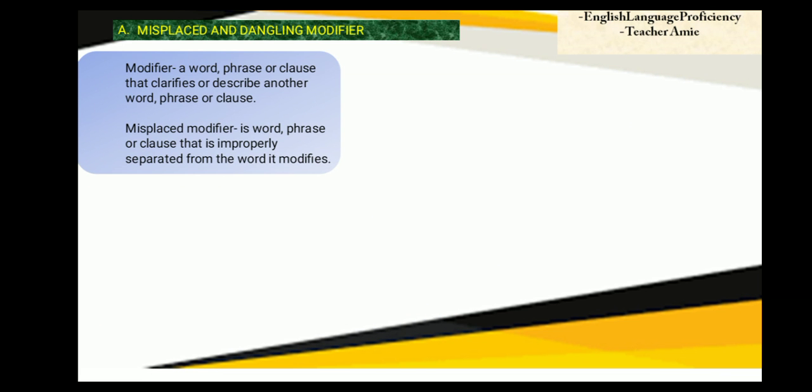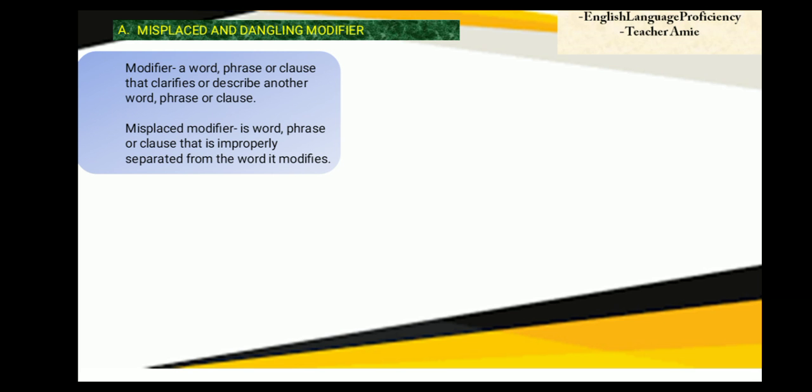To misplaced and dangling modifier. So what is modifier? A modifier is a word, phrase, or clause that clarifies or describes another word, phrase, or clause. In other words, modifiers are descriptive words. Now, what is misplaced modifier?